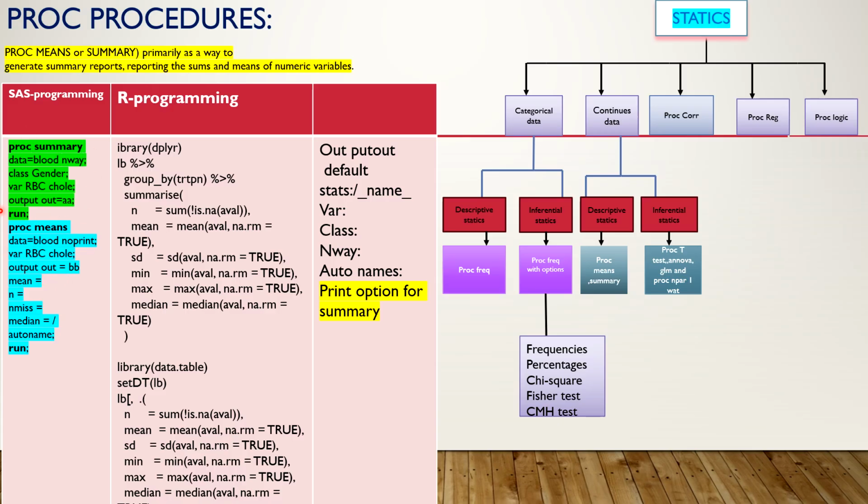The only difference is that proc means by default prints the output in the output window. If you want the same thing in proc summary, we have to use the print option.